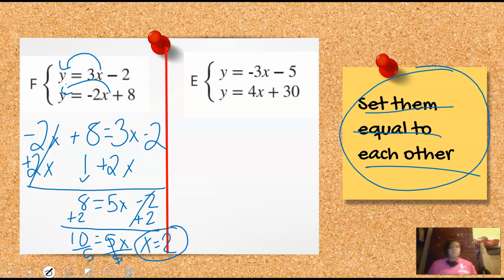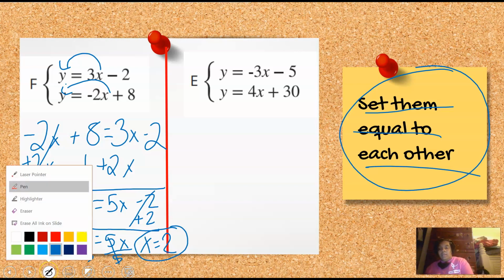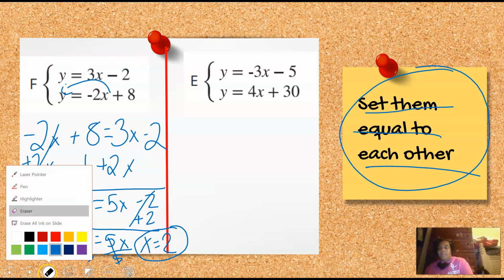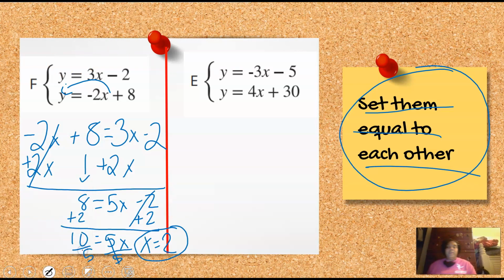Now that x equals 2, we don't know what y is. This time they didn't give us the solution to y. So what do you do? You go back in and you plug in for y. You can go back in and you plug x in for either one.